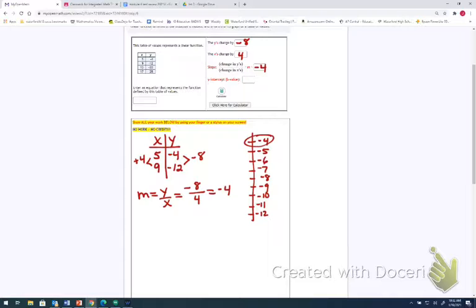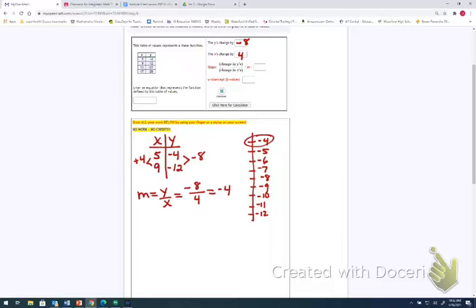Now, so far, all of this problem has been exactly the same as number 5. But now we hit where it's different. I need the y-intercept. So I look at my x's, and do you notice that nowhere in that table is the x 0? Nowhere.